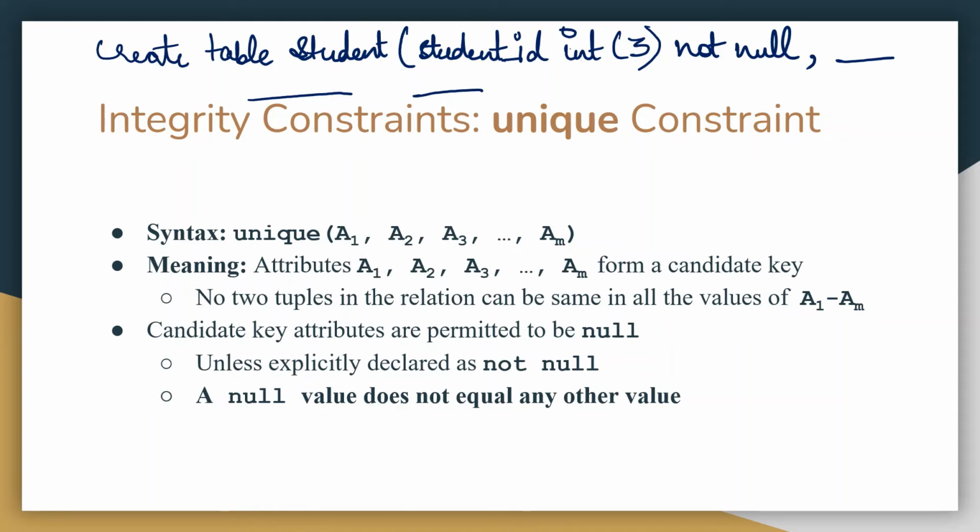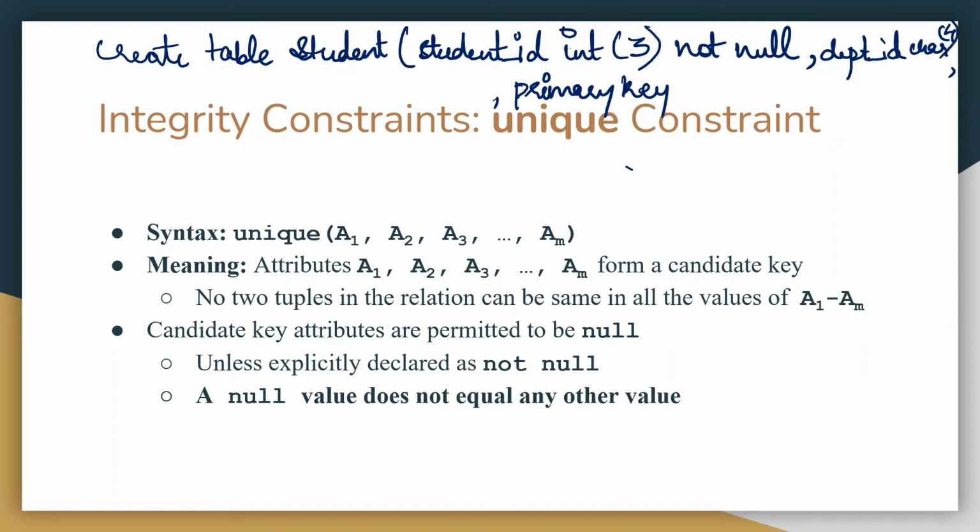And similarly, what if I wanted to write the primary key constraint? I would write primary key. So this is after I've defined all the attributes. Let's say student ID, then I say department ID. Okay, I take char this time, char, let's say 4.